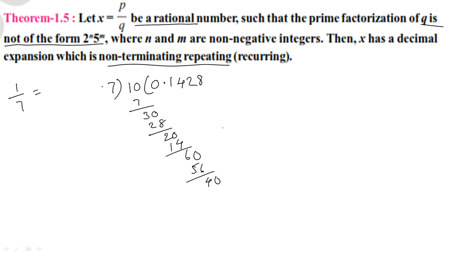Point again 0. 7 sevens are 49. 7 fives are 35. So 5 is the remainder. Again 0. 7 sevens are 49.